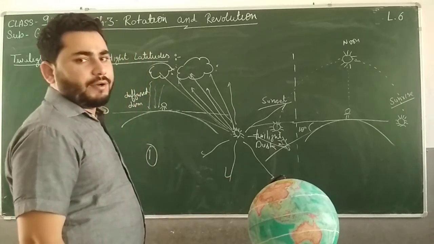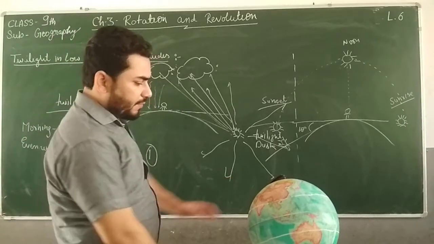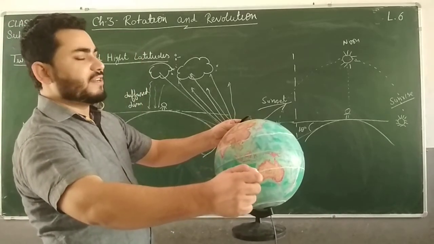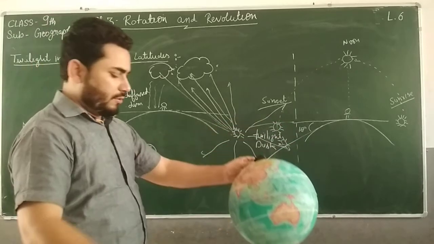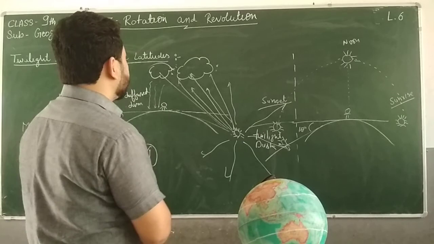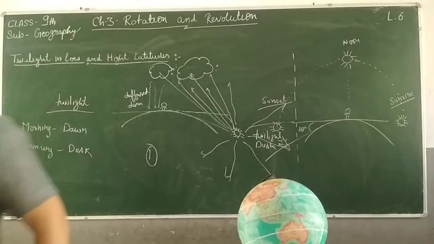Why? Because their position is such that the angle of incidence of sun rays remains very low in this manner.